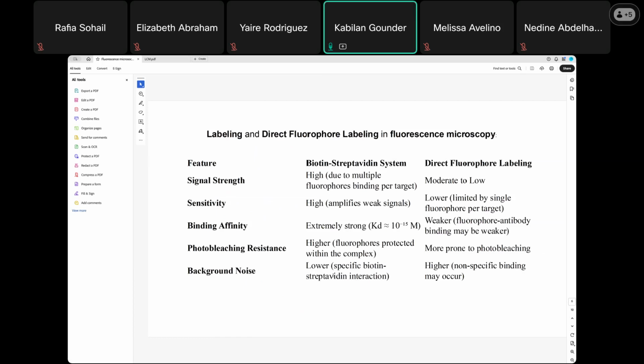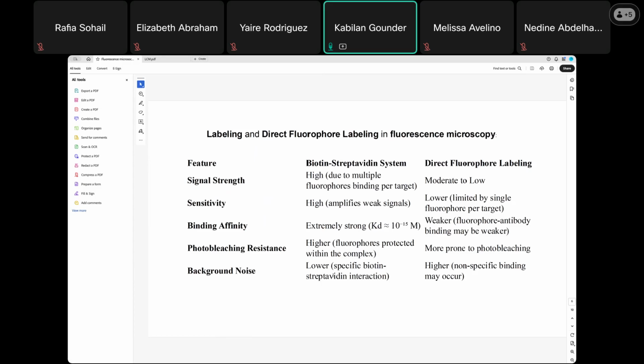The advantage is the strength of the signal, because multiple fluorophores bind per target if you use biotin. The streptavidin will bind to biotin at multiple sites, so you can easily see the expression even when the target is at low concentration.